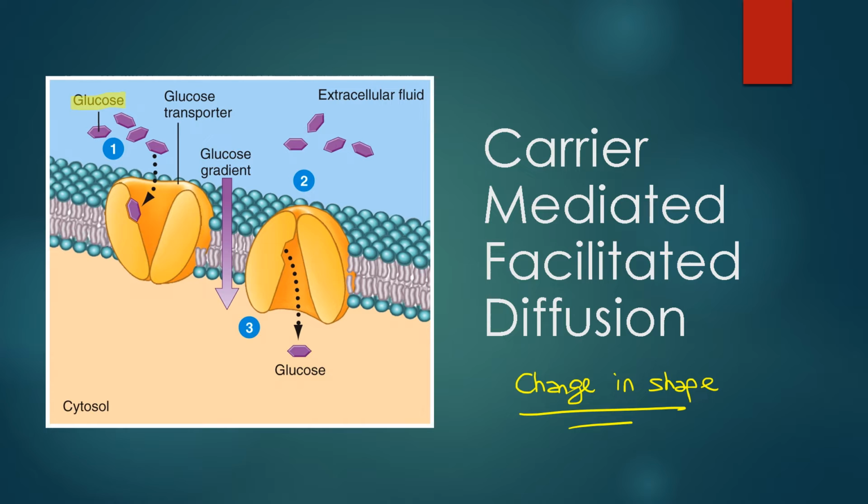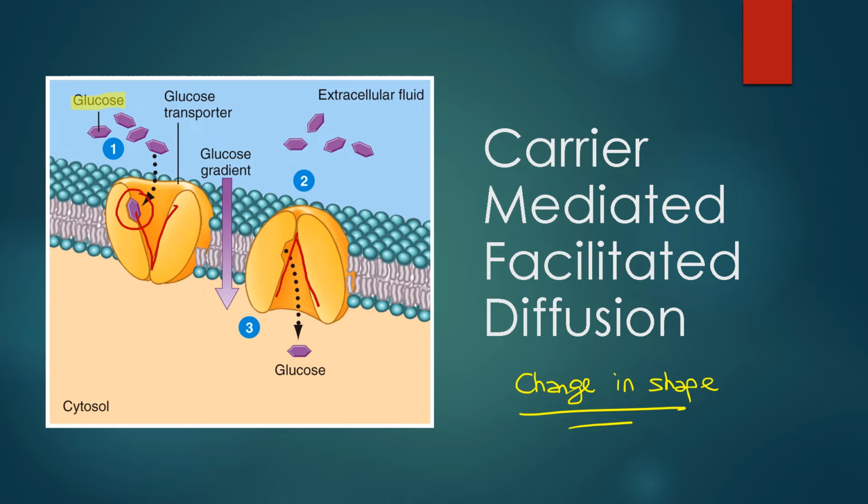So here we have the glucose coming in on this side here. We have this change in shape, going from a V shape, a teeter-totter kind of movement, to an upside down V, moving glucose onto the opposite side of the membrane.